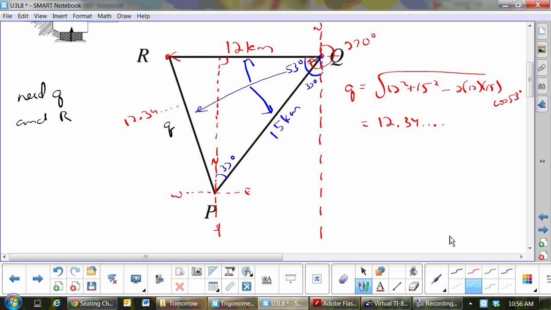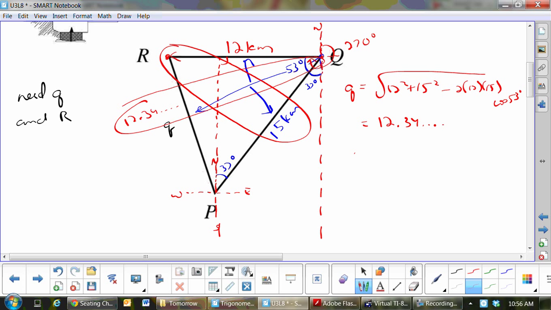So I have now found that side. The second part is I need to find angle R, right? How would I do that? Sine law, yeah. I can use the sine law because I have this one and I have one of these.